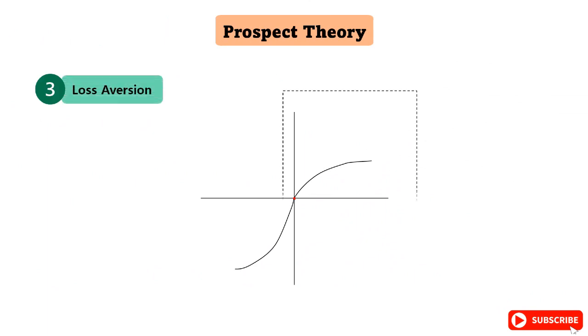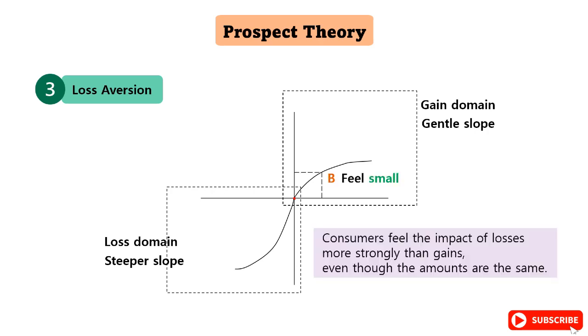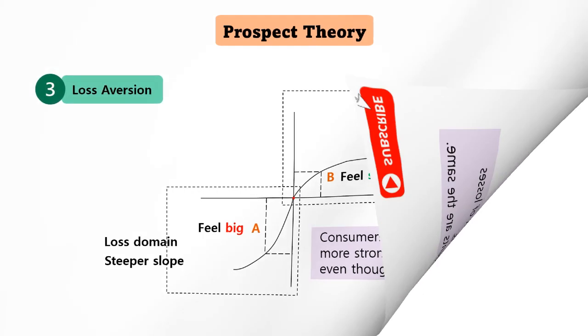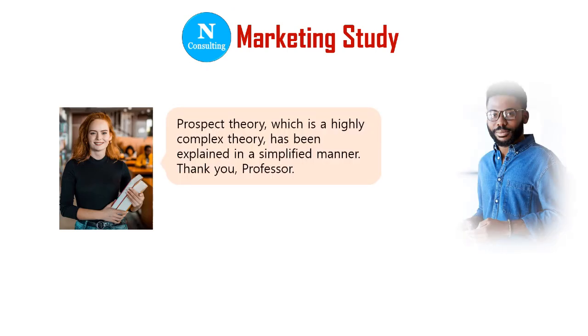And the fact that the graph of the first quadrant, the gain domain, has a gentle slope, and the graph of the third quadrant, the loss domain, has a steeper slope, means that consumers feel the impact of losses more strongly than gains, even though the amounts are the same. This is called loss aversion. Prospect theory, which is a highly complex theory, has been explained in a simplified manner.